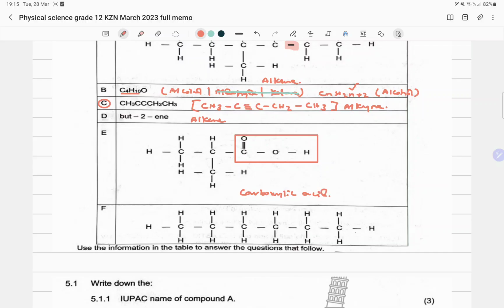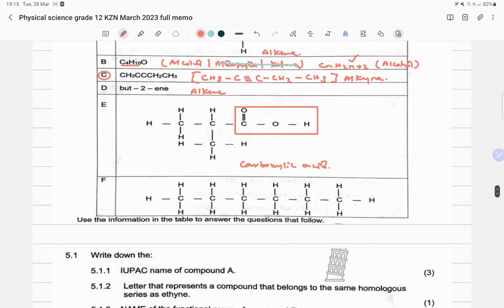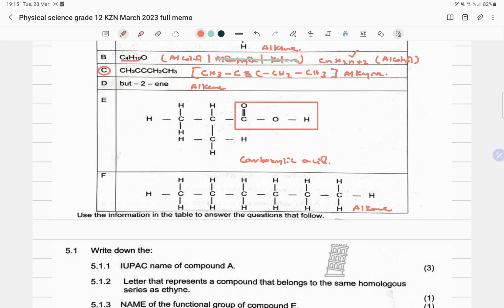Okay, the COOH, the carboxylate ion, there it is. And then look at the last one. This is just a long chain alkane. There's only single bonds. Okay guys, so easy, you can figure it out.